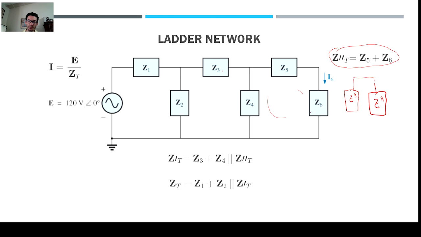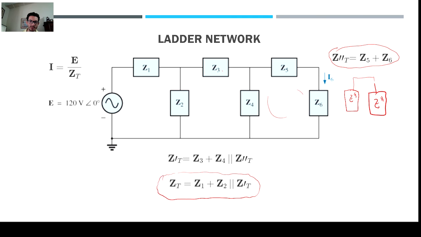So Z prime prime and Z4 in parallel form a single network that is in series with Z3. Then that is a single network that is in parallel with Z2, and then that total network is in series with Z1, and that is what we have here.